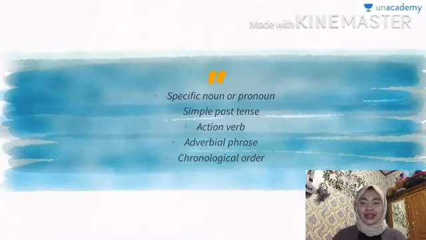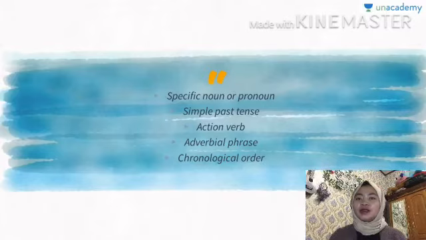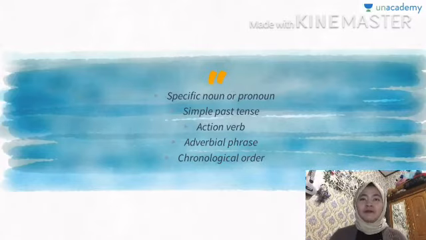Okay, let's move on to the next material. Now you can see the language features. The first is specific nouns and pronouns, similar to report text, but the difference is the twist.